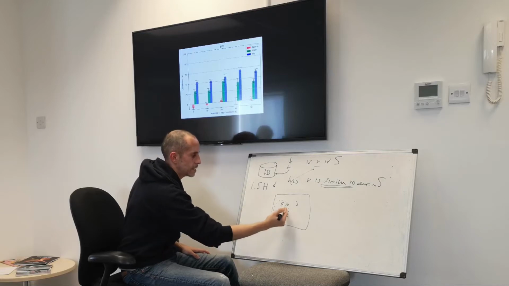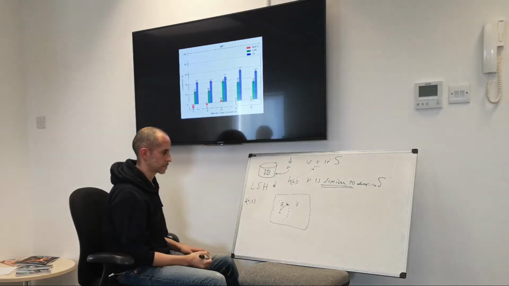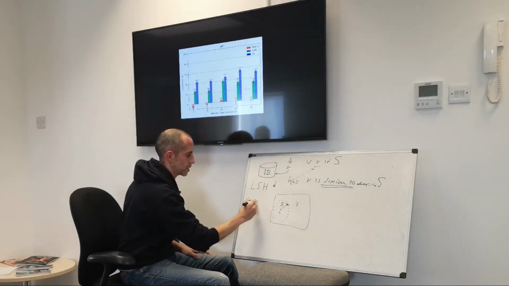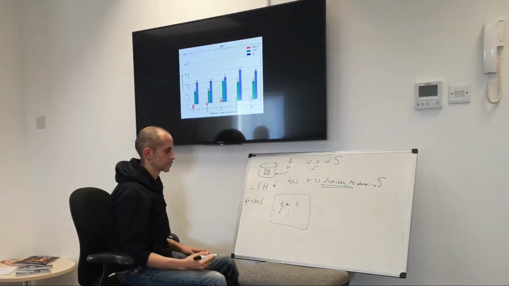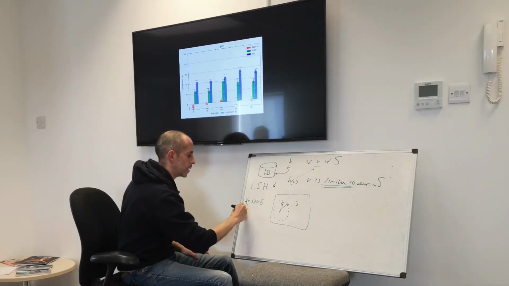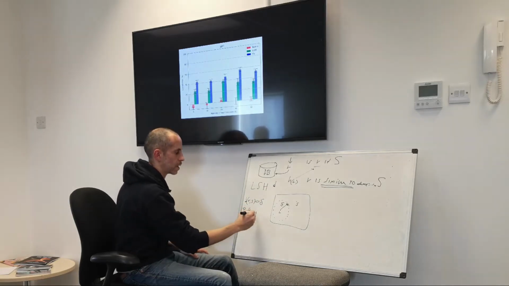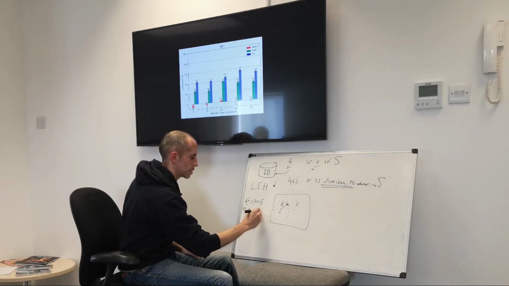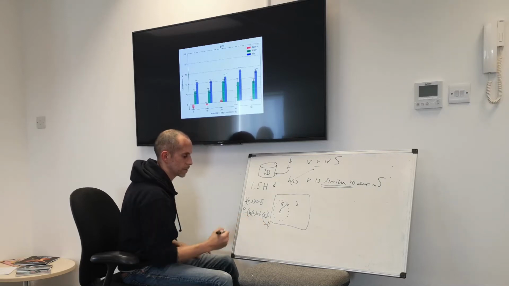If the distance between the two points R and S is within this ball, then the probability that the hash of R is the same as the hash of S is greater than some probability P1.